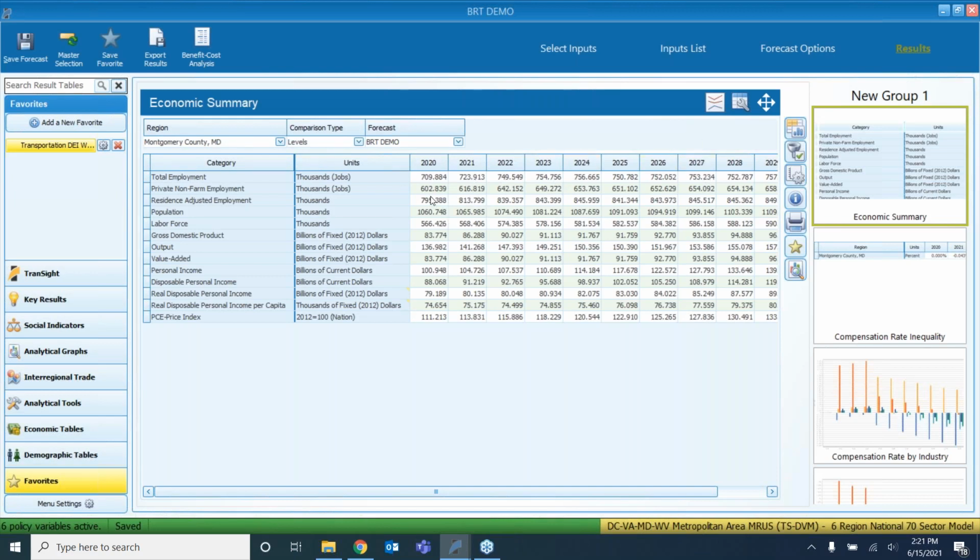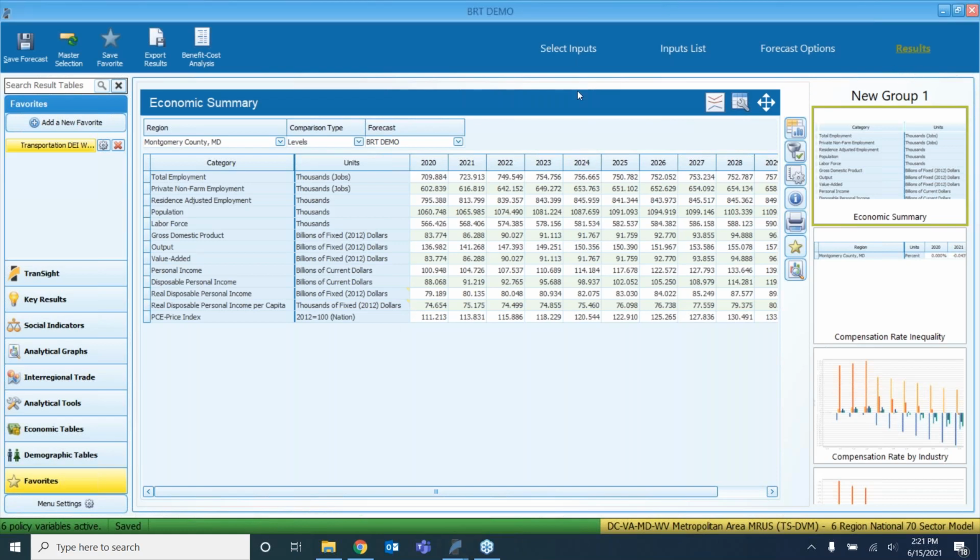We can see changes in private non-farm employment, changes in residence adjusted employment, the increase in population, the increase in the labor force, increase in GDP, as well as increase in output, increase in personal income, etc.